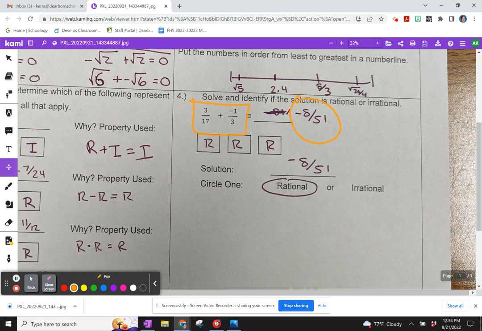It's going to give you -8, which is an integer, divided by 51, which is another integer. So that automatically leads you to a rational. If you put -8 divided by 51 and you find it a decimal, the calculator may mislead you. It's repeating, but the calculator doesn't show enough numbers for you to see it.